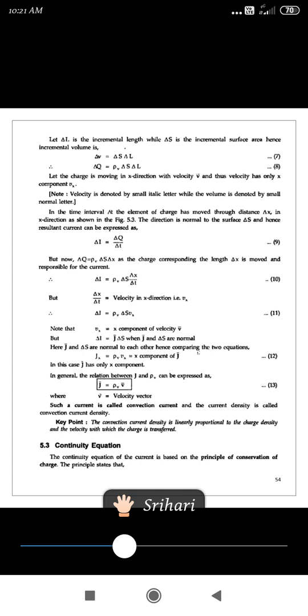In general, the relation between J and rho v can be expressed as J equal to rho v into v, where v is the velocity vector. Such a current is called a convection current, and the current density is called convection current density.